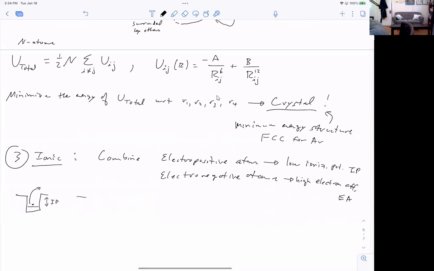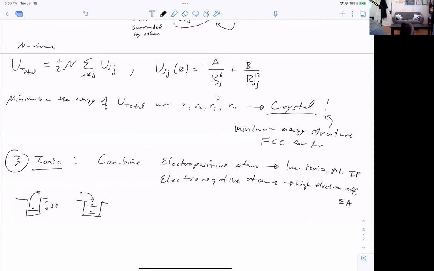But if I add an electron into that same atom, then that electron comes in at some energy and has a lowering of energy, and that lowering of energy is the electron affinity. You've probably seen those definitions before.